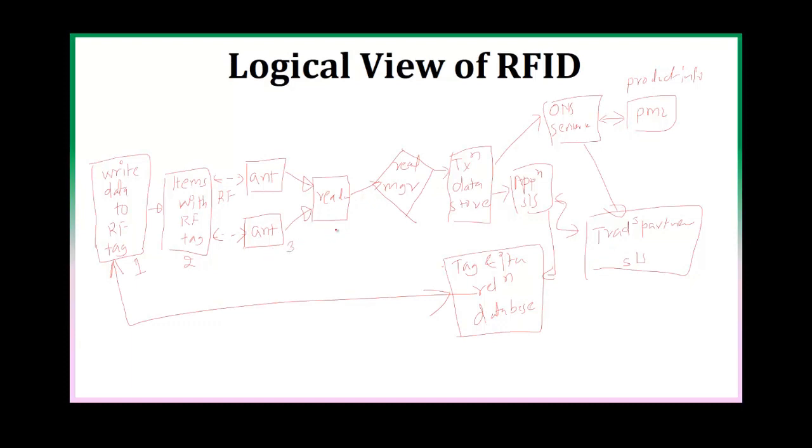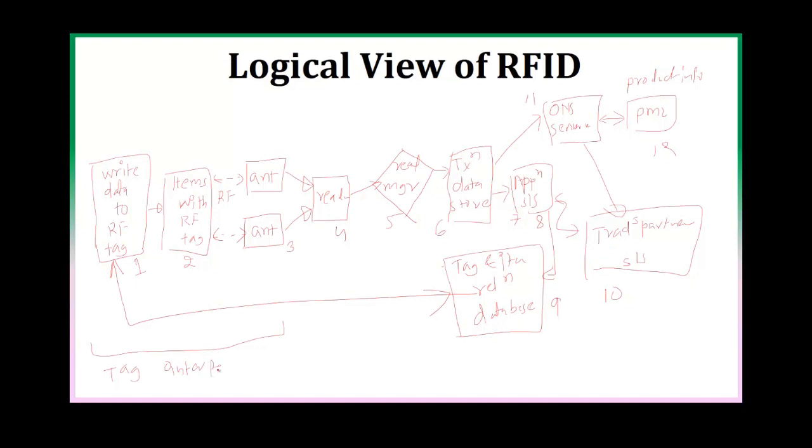So 1, 2, 3, 4, then 5, 6, 7, then this one is 8, this one is 9, this one is 10, then 11, and this one is 12. If you need to differentiate, up to this is your tag interface.